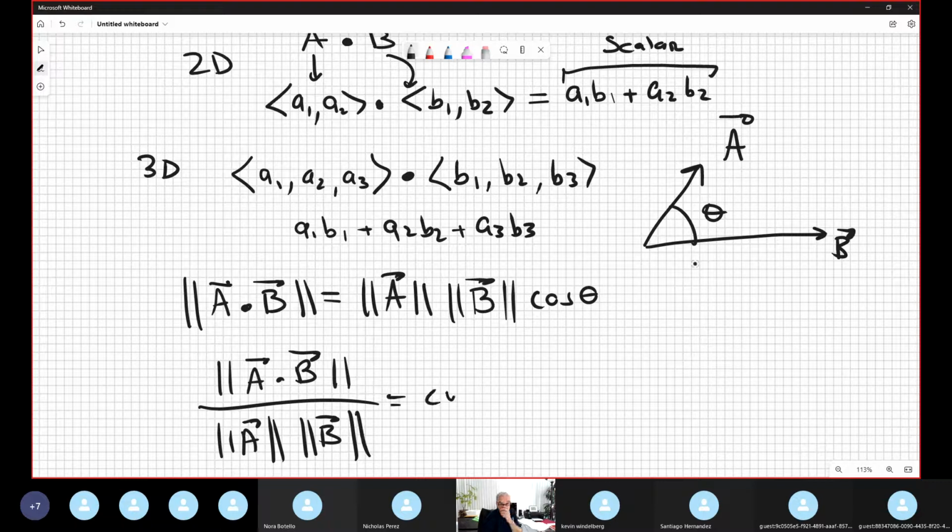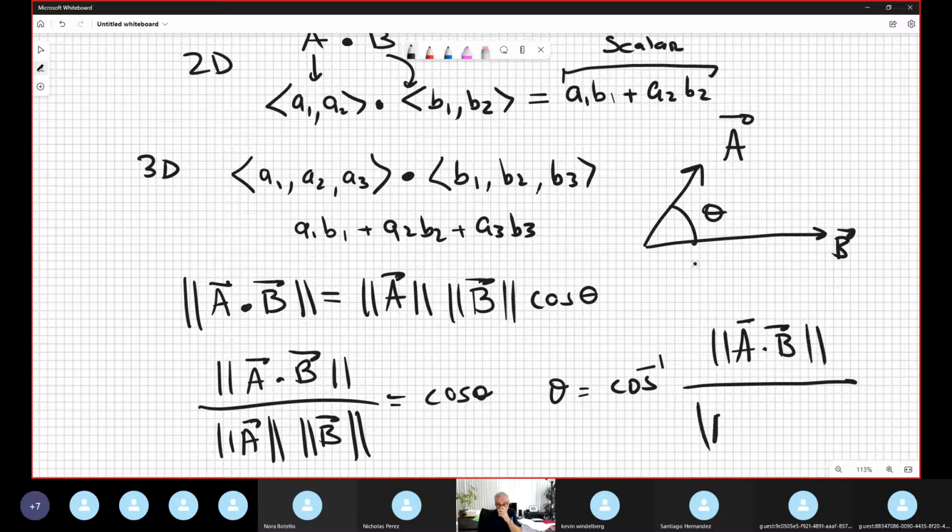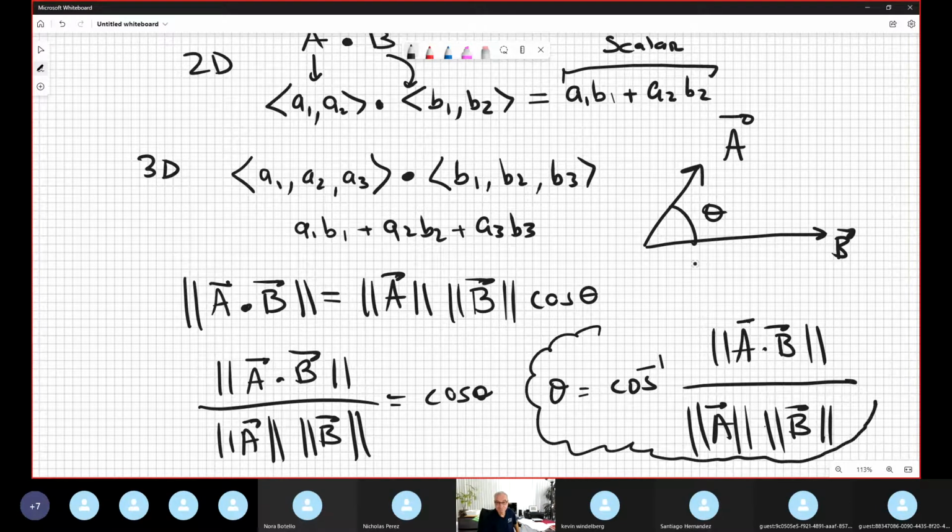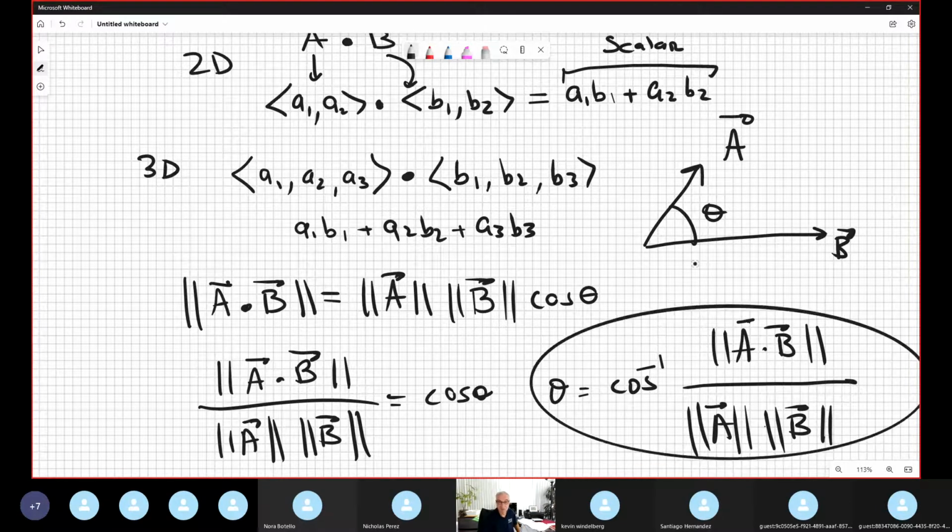And this is cosine theta, and theta is then the cosine inverse of the dot product divided by the magnitude of each vector separately. It's a fantastic formula, and it is valid in 2D and 3D.